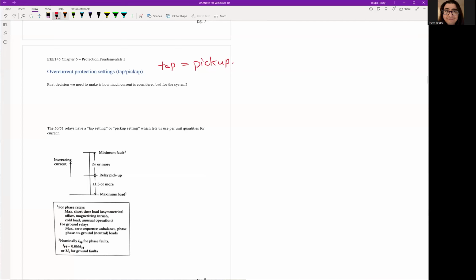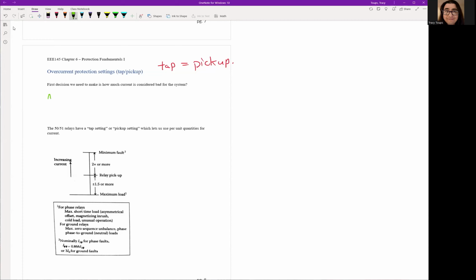Okay. Now, the first thing we need to ask ourselves when we have the mechanical relay and we're trying to choose what current level it would take to operate the relay, well, we need to know our bounds. What's good and what's bad, and where does a relay, we kind of put that in the middle somewhere. Okay. The first decision we need to make is how much current is considered bad for your system. Well, there are a couple of things we need to know.